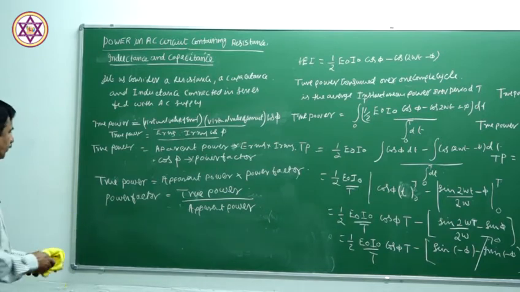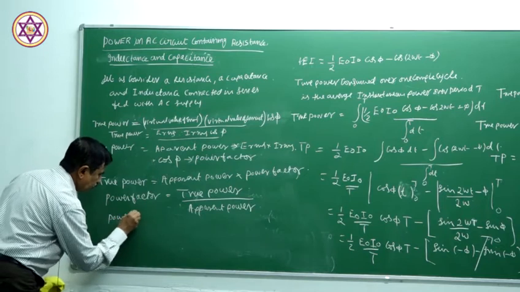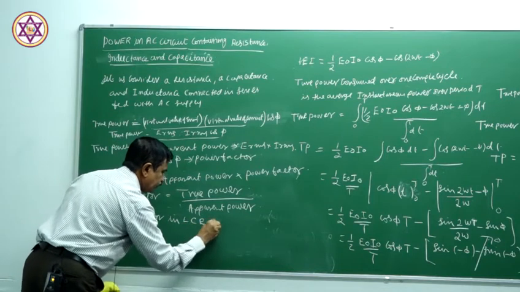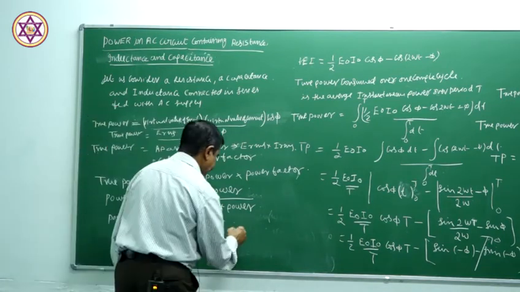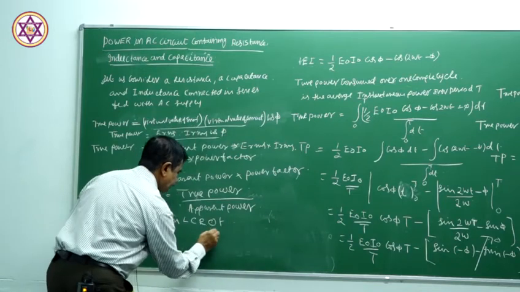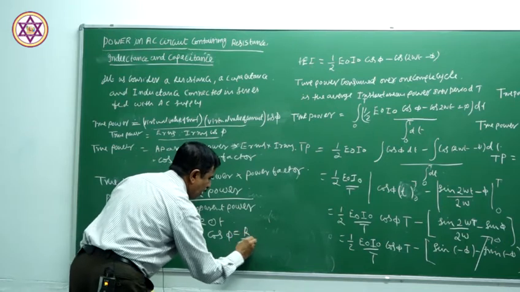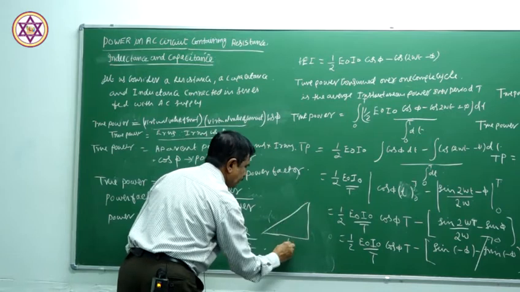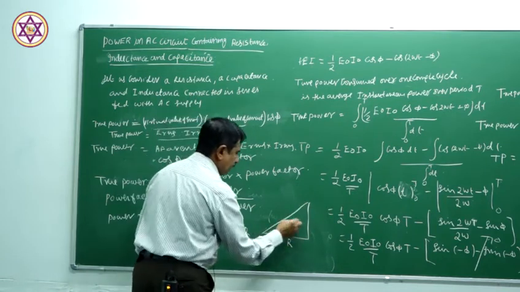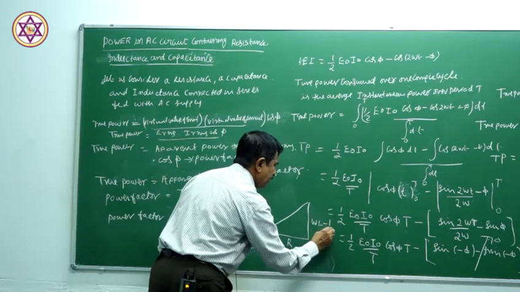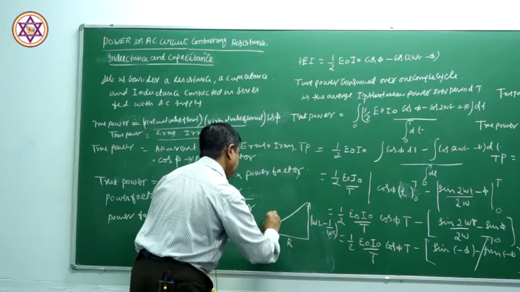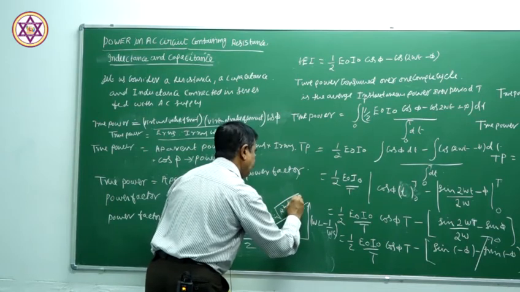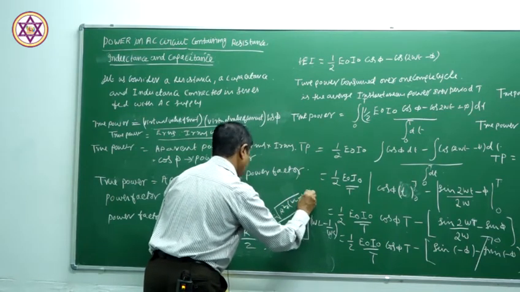Now let us know what is the power factor in an LCR circuit. The power factor is given by cos phi is equal to R by Z, the impedance. Here in the LCR circuit, this is R, and this is omega L minus 1 over omega C, and impedance Z is equal to root of R squared plus omega L minus 1 over omega C the whole squared.